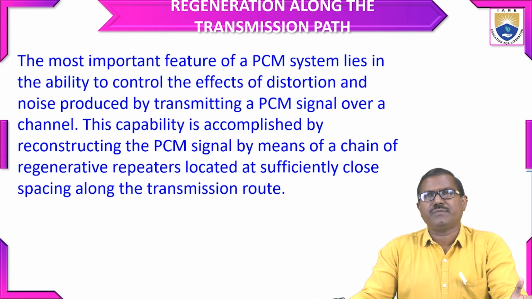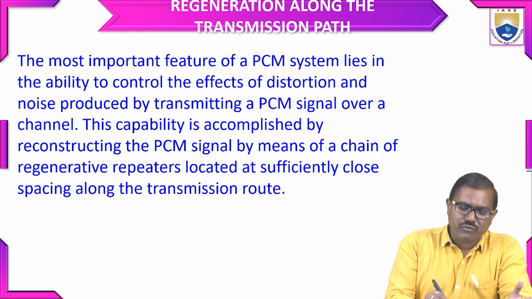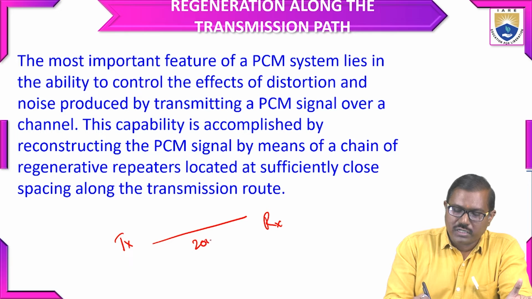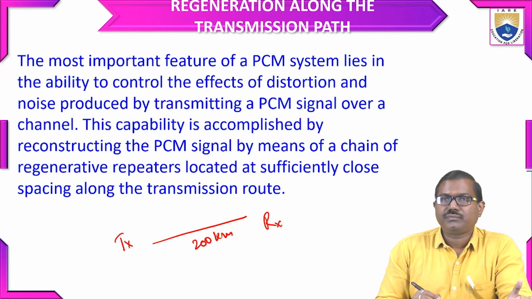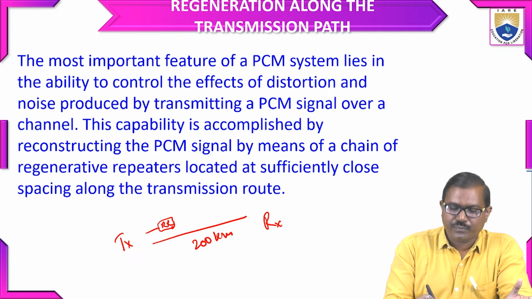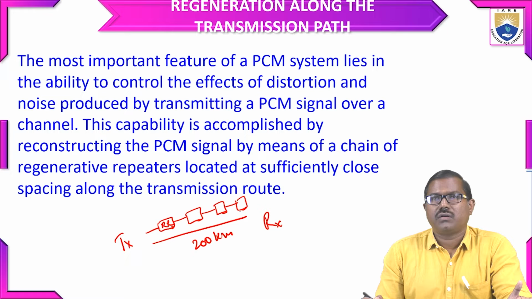Along the transmission route, for example, here I am sending the signal from this transmitter to the receiver. The total distance is 200 kilometers. For every 50 kilometers, I am going to place one regenerative repeater. So totally I require 4 repeaters.